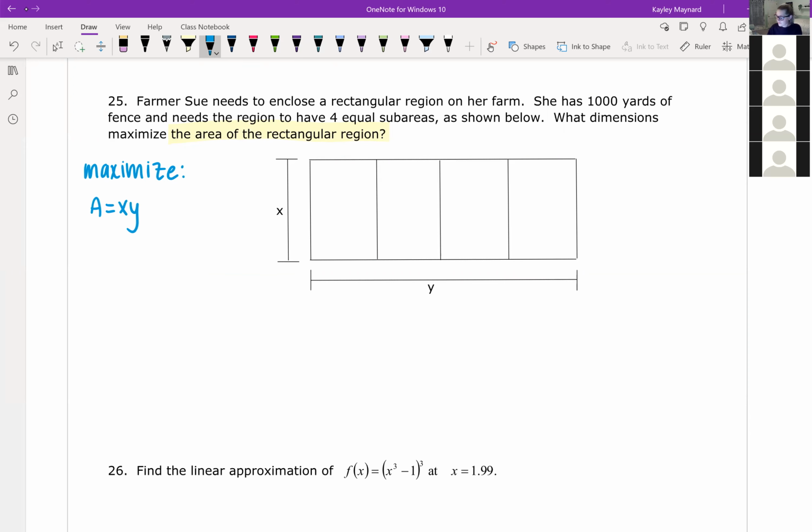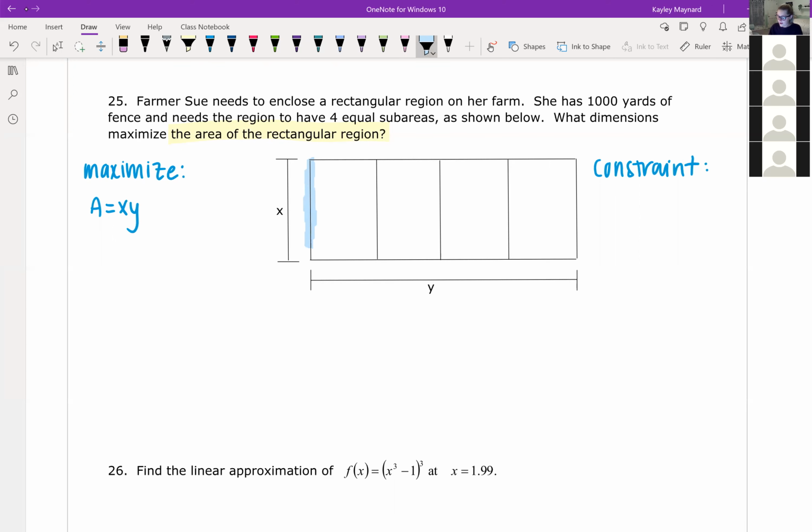So let me write that over here. It is subtle because it says that she has 1,000 yards of fence. And so you know that whatever you use to enclose this region with the 4 sub areas needs to total 1,000.